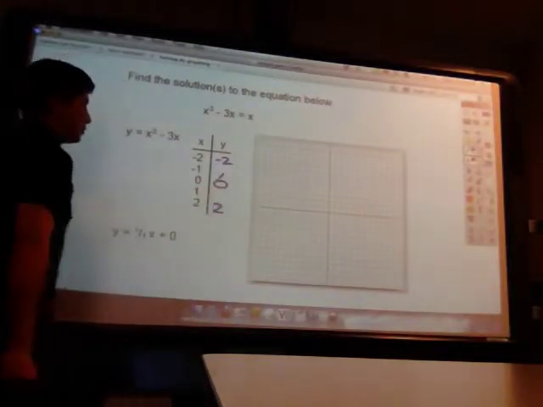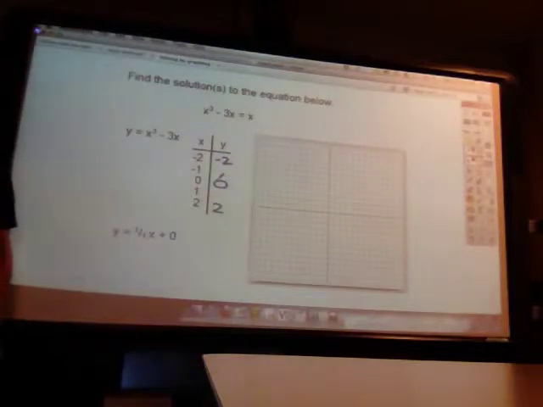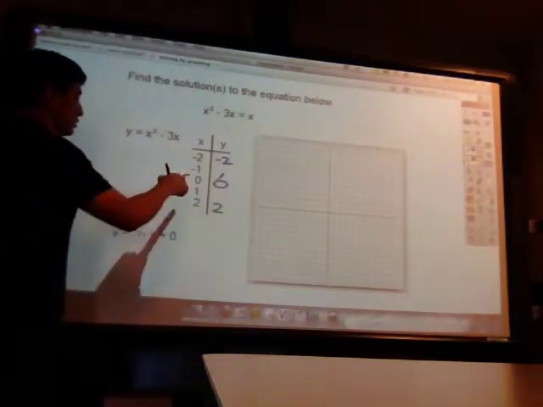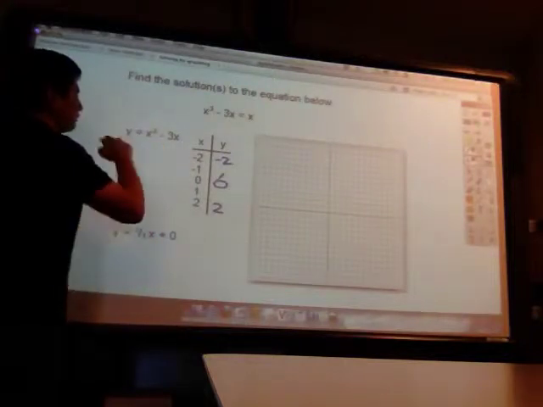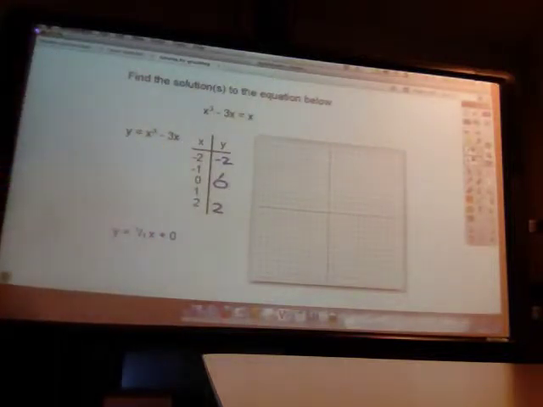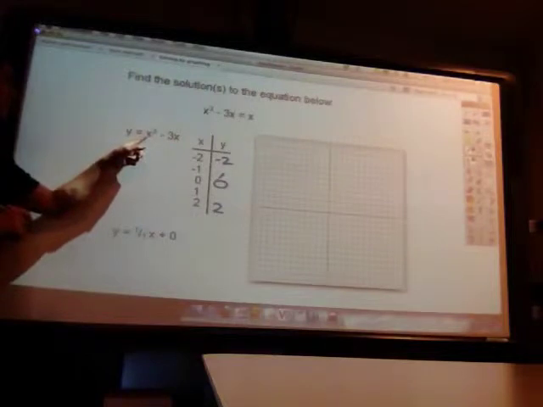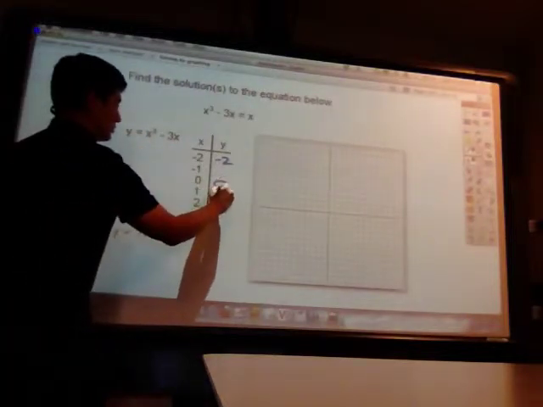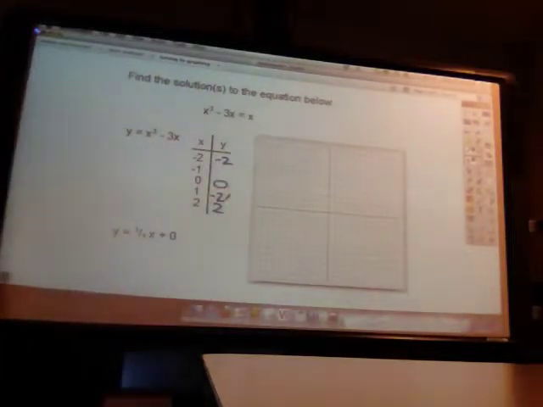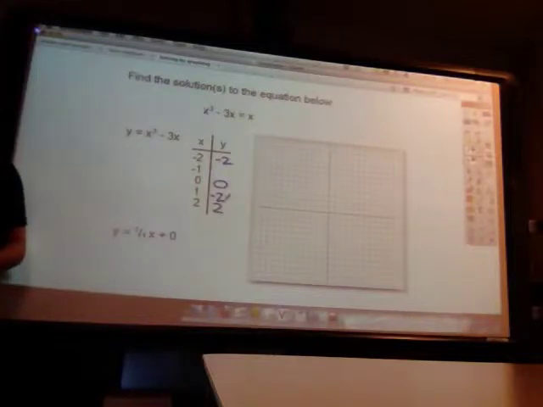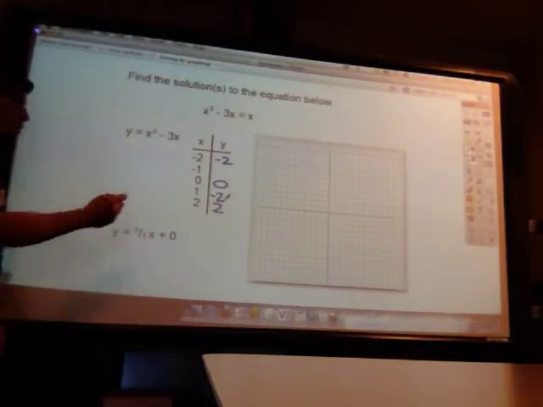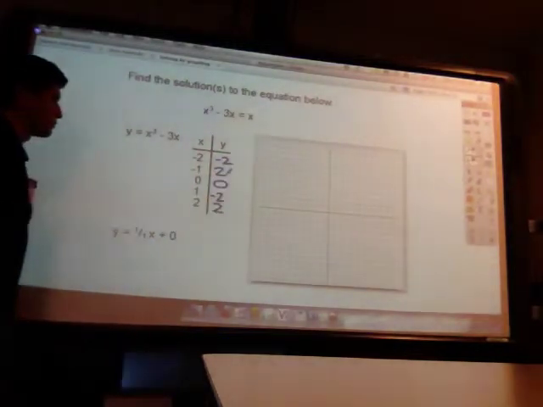How about the 1 and -1? For which one? No, check that out. For 1, y is -2. Yeah, -2. And we just need -1. For -1, it will be 2. Yep. Okay, good.